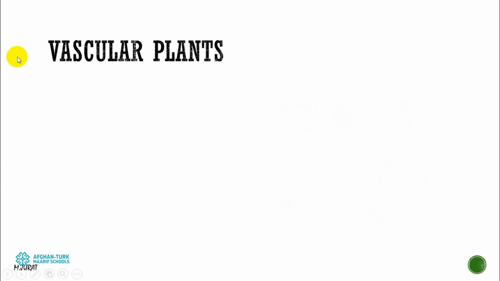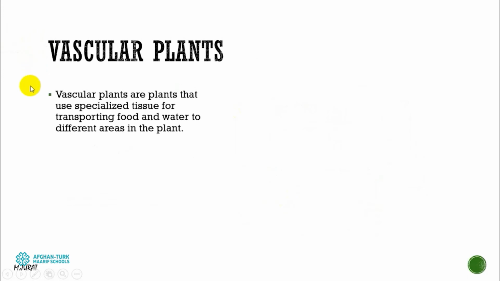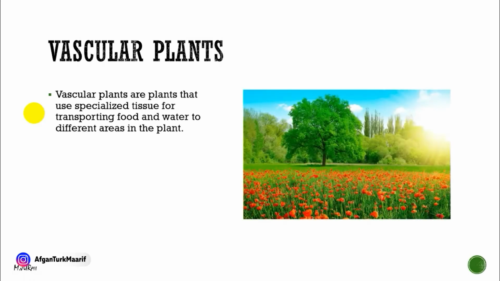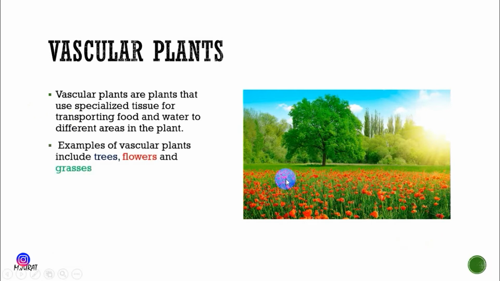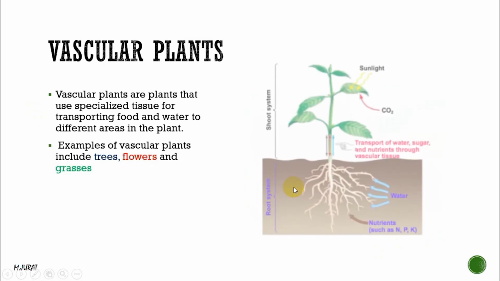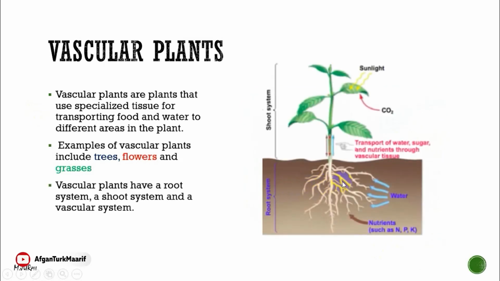So the second category was vascular plants. Vascular plants are plants which have xylem and phloem. They have specialized tissues and special structures. Flowers, grass, trees, all of them go in that category. And they have different parts.